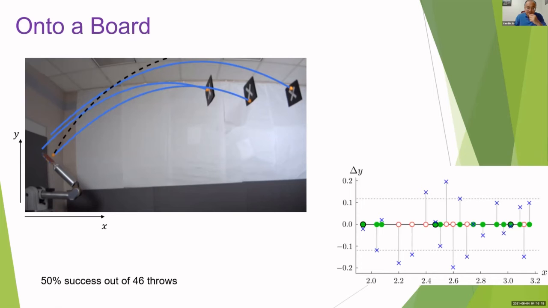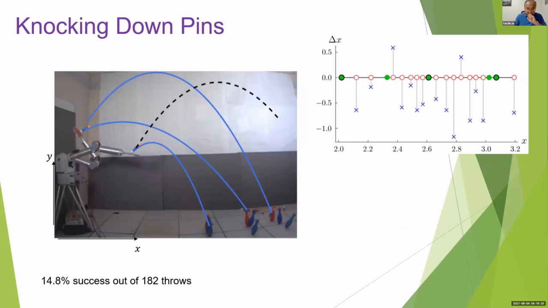This is very good because we're batting a ping pong ball and the aerodynamics is good enough, 50% success. For the bowling pins, the success rate is actually pretty low. We did 182 throws with only 50% success. For this particular set of 20, we have 5 successes, so this is one of the groups with a higher success rate.